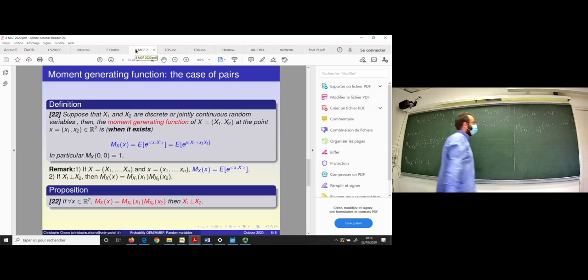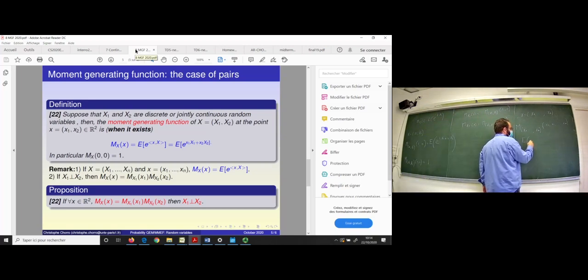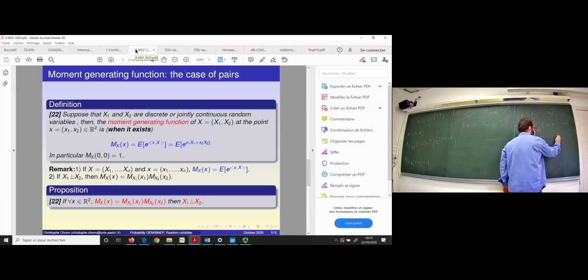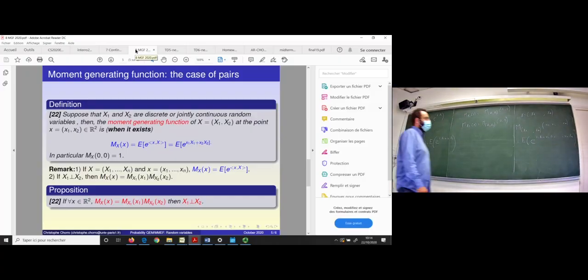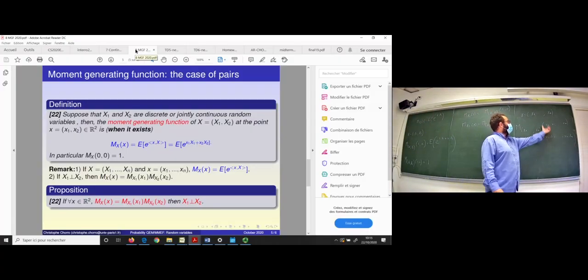It will be the expectation of exponential of x1 X1 plus x2 X2 plus ... plus xn Xn. If I don't want to use this big expression, I can use the following one. I have two vectors here, a vector with the variables and a vector with the points where I take the moment generating function.